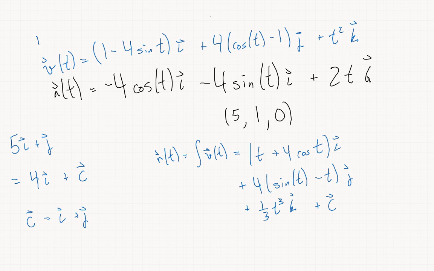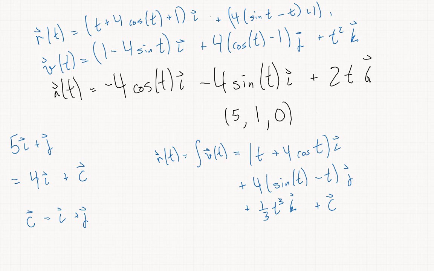So the position at time t is given by t plus 4 cos t plus 1 i plus 4 sine t minus t plus 1 j plus 1/3 t cubed k.